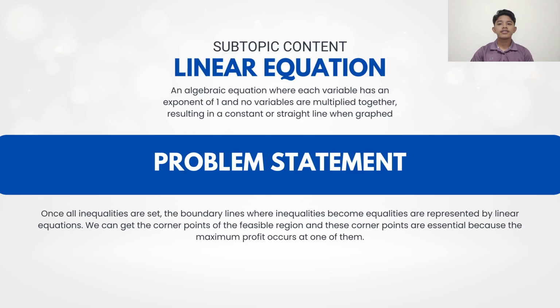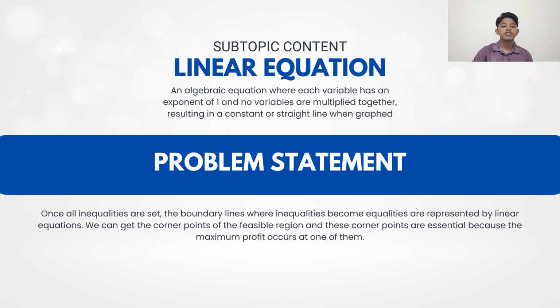For the third subtopic that we will use to solve our real-world problem is linear equation. A linear equation is an algebraic equation where each variable has an exponent of 1 and no variables are multiplied together, resulting in a straight line when graphed.